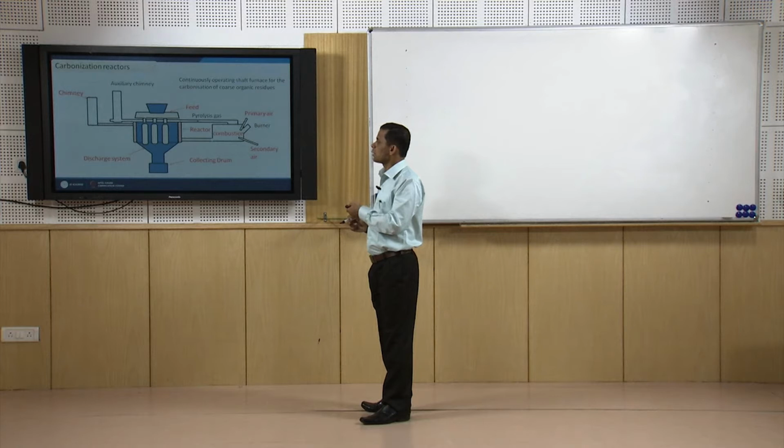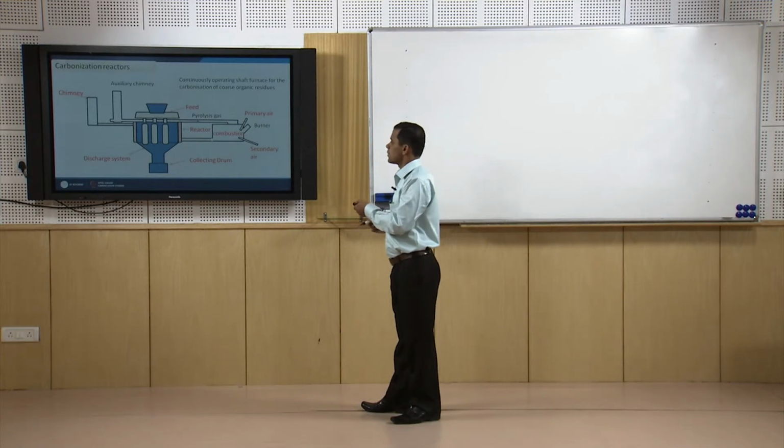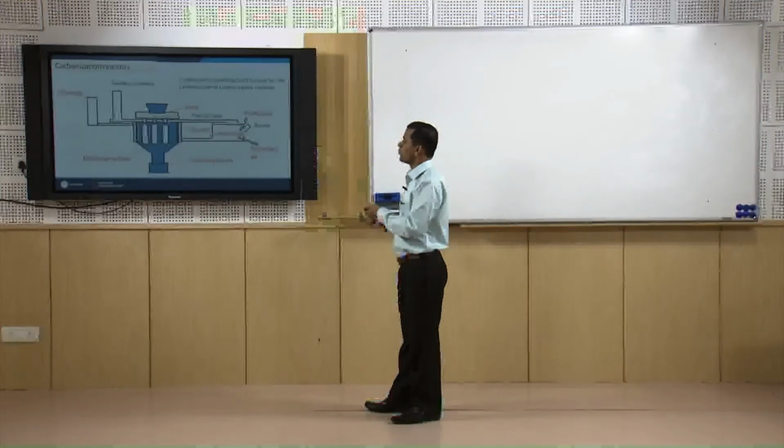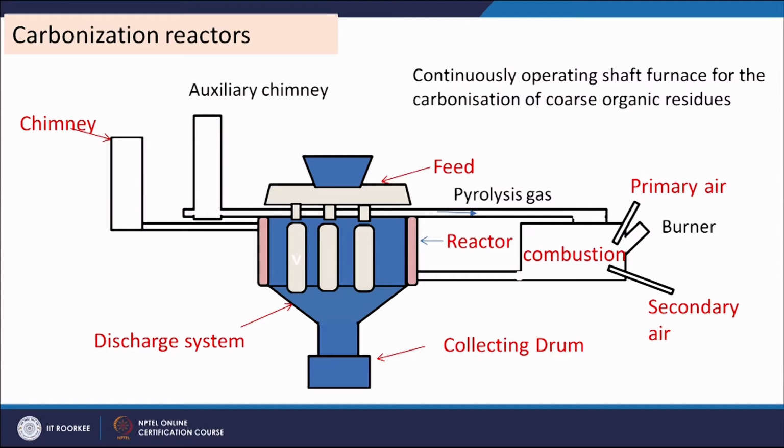Inside the reactor is a hollow chamber. At the initial stage we combust some fuel here, and gradually the flue gas goes to the reactor zone and raises the temperature, so the temperature of all those columns will rise.